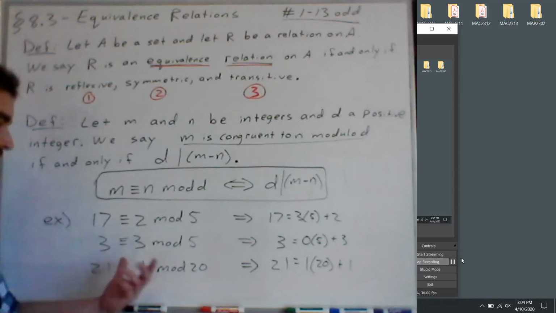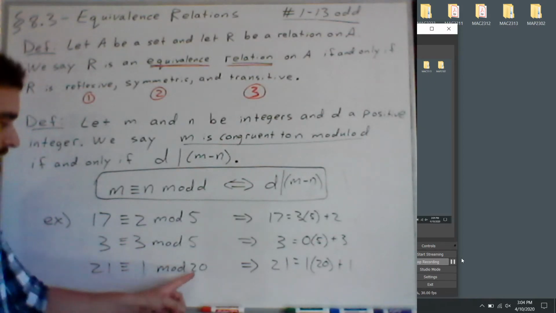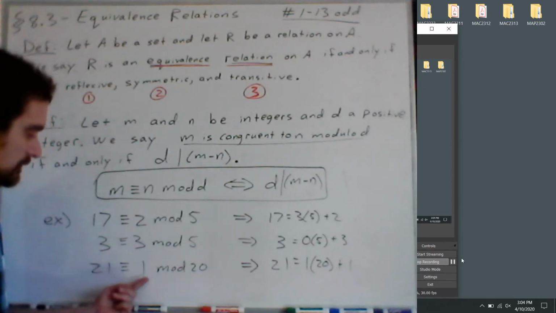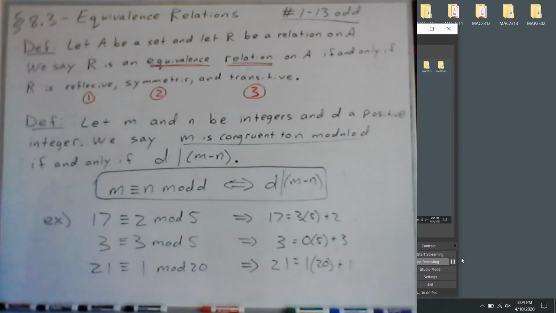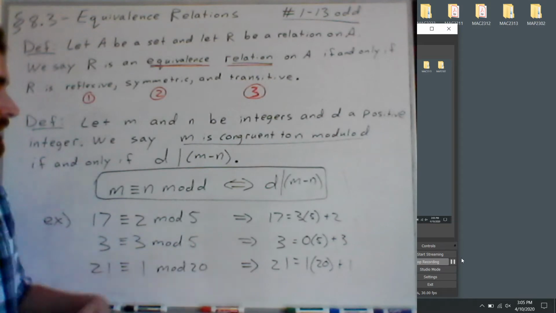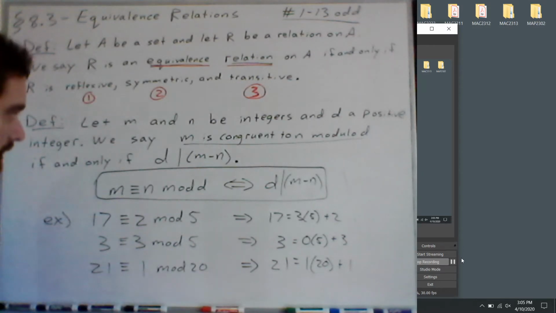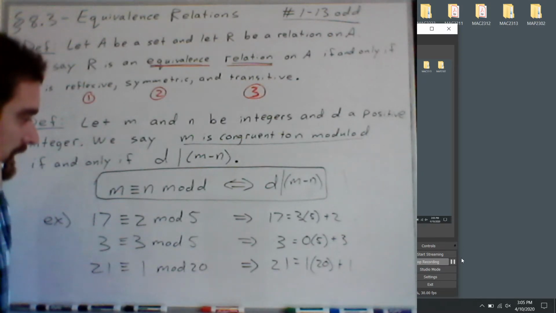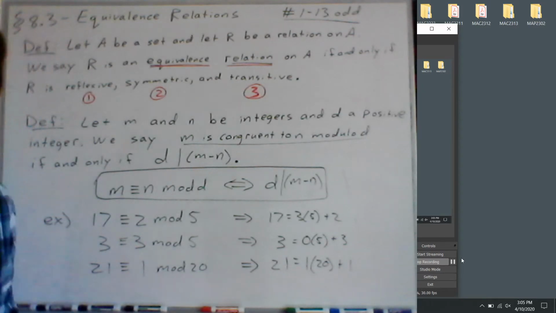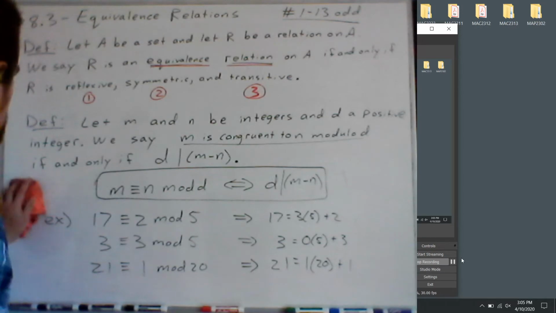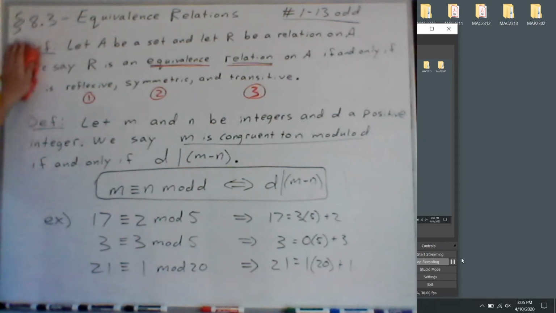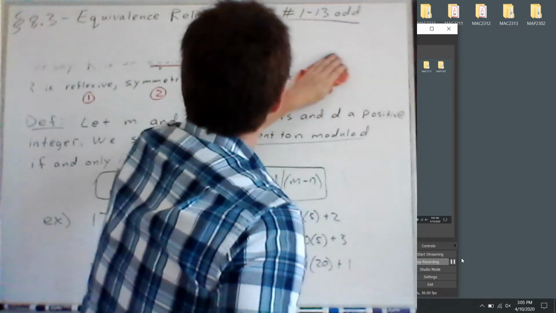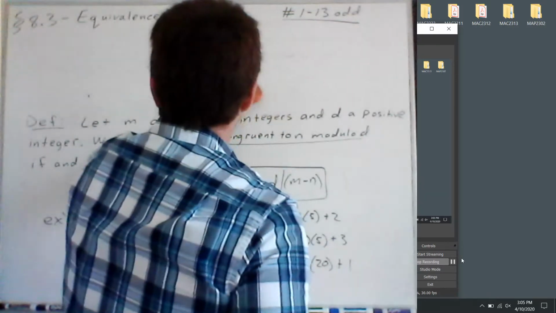If we look at it in the other light, in terms of division, 21 divided by 20 has a remainder 1. So this is what we call modular arithmetic, which simplifies lots of processes in mathematics. I'll use this a little bit to look at equivalence relations.